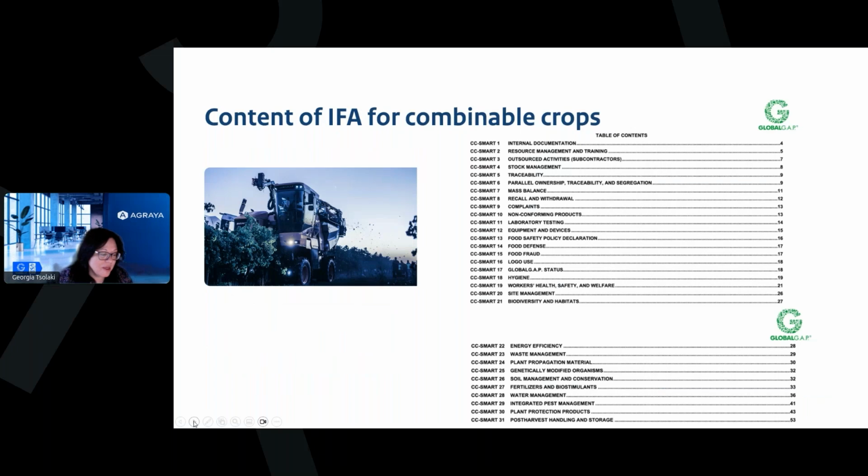Thank you. Here is just a screenshot, a short summary of the topics, the chapters that we include in our standard for IFA for combinable crops.